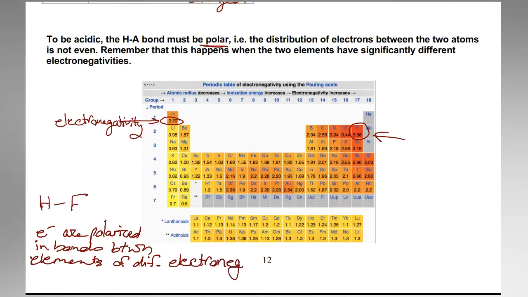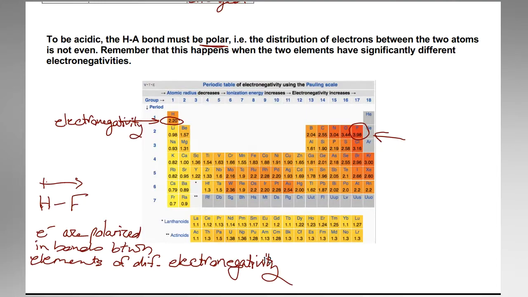And that's why we call those polar bonds. Now, a higher electronegativity means a higher tendency to hold on to electrons. In the case of H and F, fluorine has the higher electronegativity, meaning that fluorine is the element pulling the electrons closer. And we can represent that using these sorts of arrows where the positive side of the arrow is on the side of the bond that's more positive.